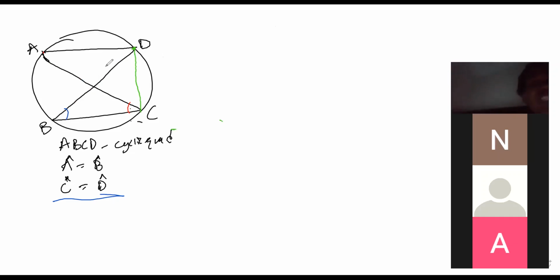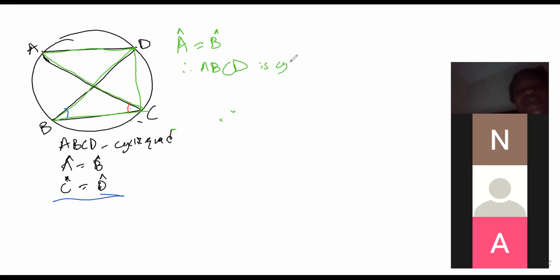So if they tell you angle A is equal to angle B, this is the line segment joining 2 equal angles, right? So A is B. Therefore, ABCD will be concyclic, which means ABCD will be a cyclic quad.